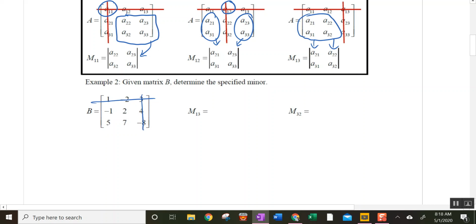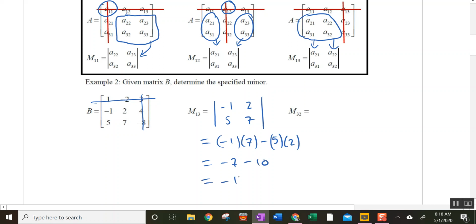And again, that's row 1, column 3. What is left would be negative 1, 2, 5, 7. And we're going to evaluate the determinant. That's negative 1 times 7 minus 5 times 2. Or negative 7 minus 10, which is negative 17.